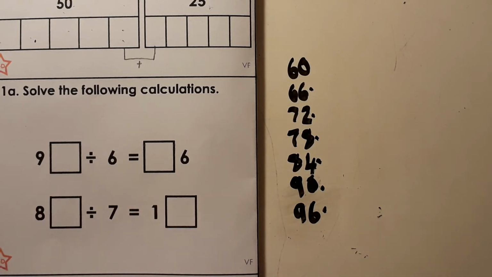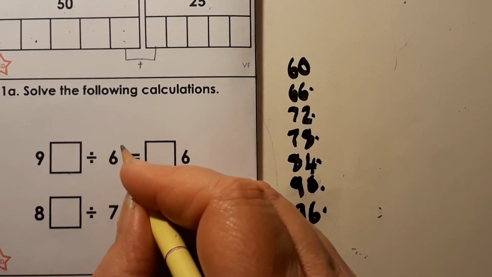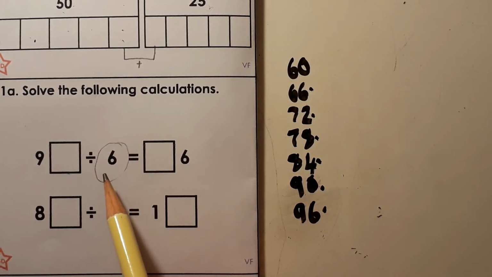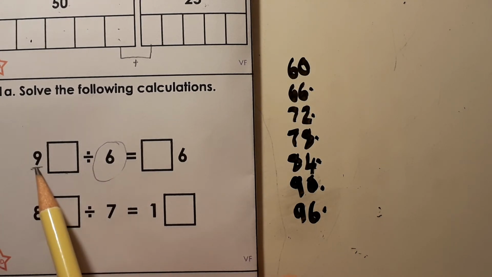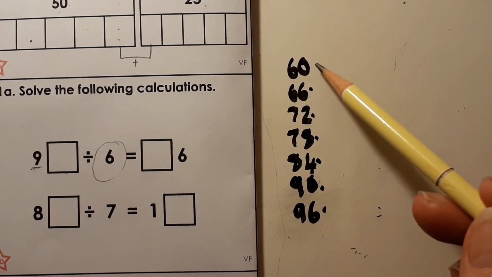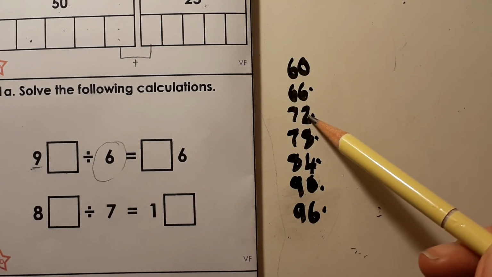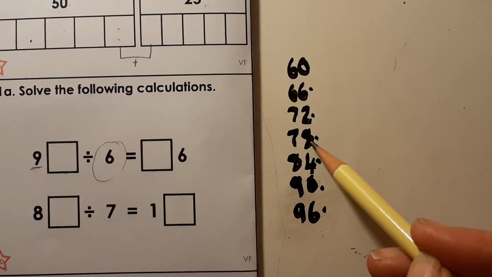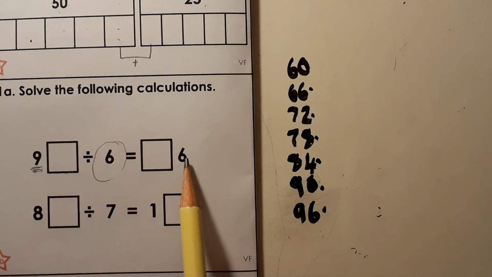And for this one, where we're looking at our solve the following calculations with our missing numbers, they look really hard, but if you just focus on the fact that you're dealing with your multiples of 6, and we know that the digit in the tens has to be a 9, so I've started at 60 and I'm going up in multiples of 6, so 66, 72, and then I'm adding 6 to find where I get to a number that is 90 and will give me a 6 at the end.